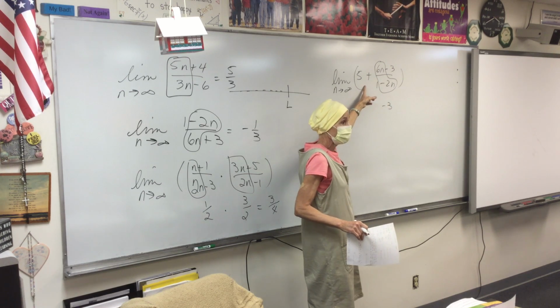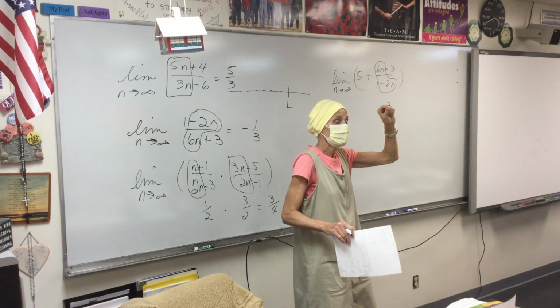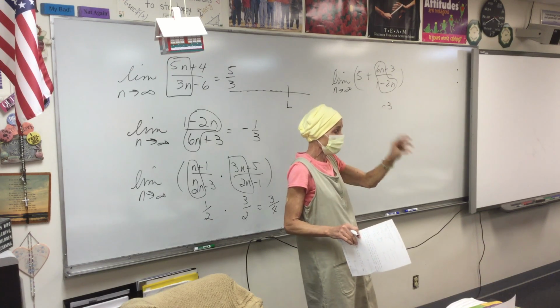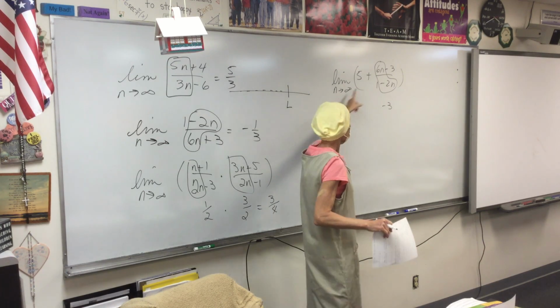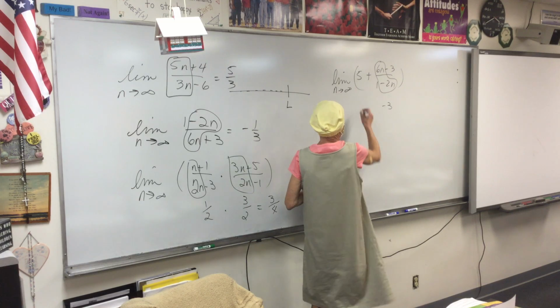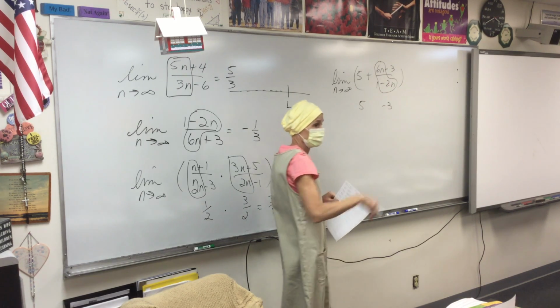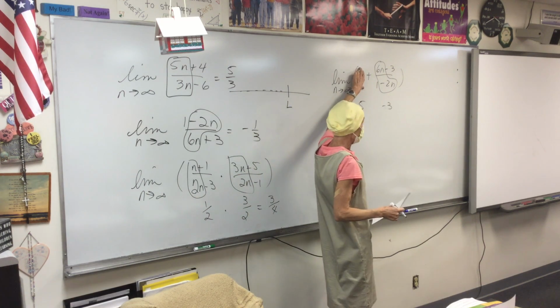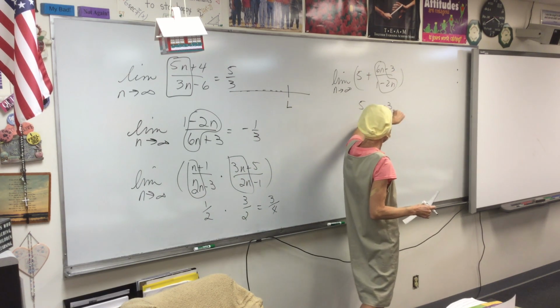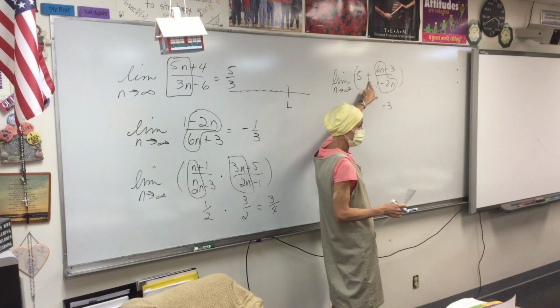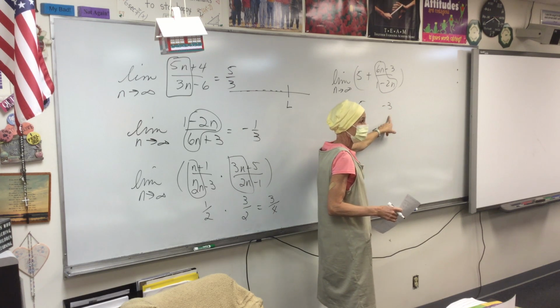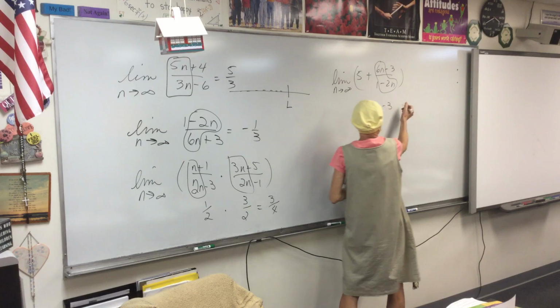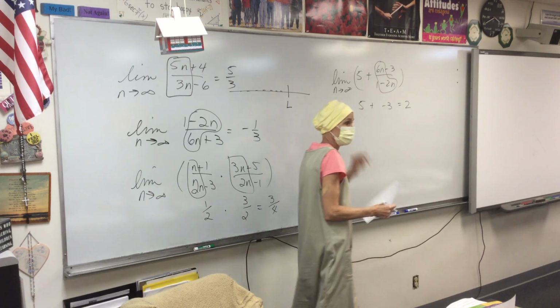When you have a constant, when you have no n's in the problem, just a number, the limit of that is just that number. So the limit of this is 5. The limit of this is -3. What am I supposed to be doing with those two numbers? Adding them together, so the answer to the problem is 2.